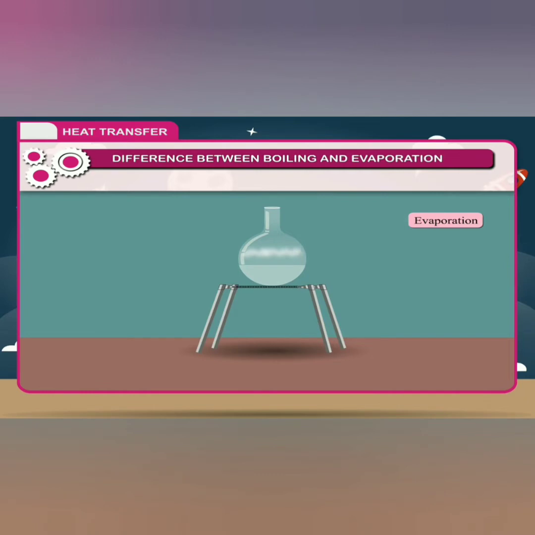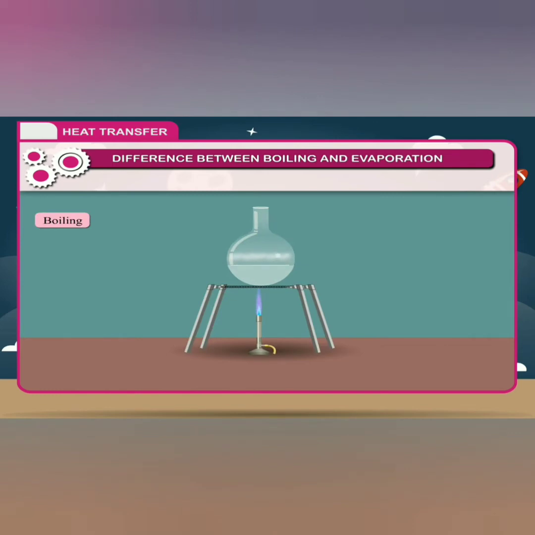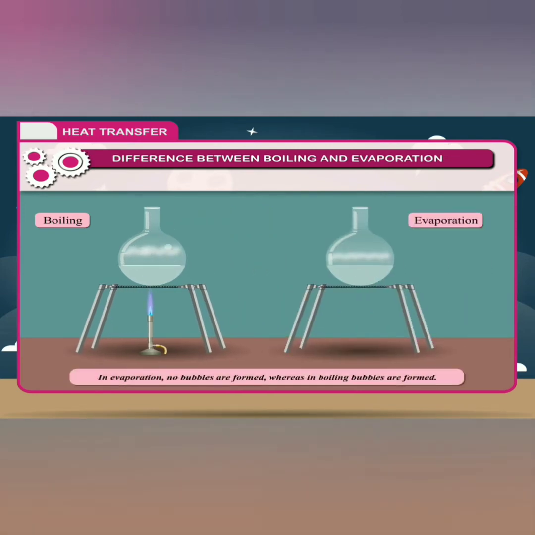Whereas, boiling is a rapid vaporization of a liquid which only occurs when it is heated to its boiling point. In evaporation, no bubbles are formed, whereas in boiling, bubbles are formed.